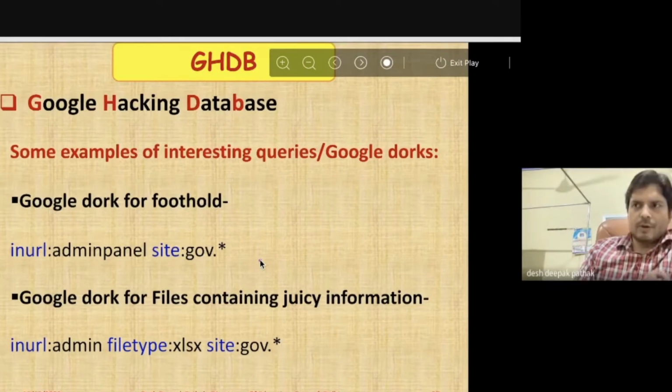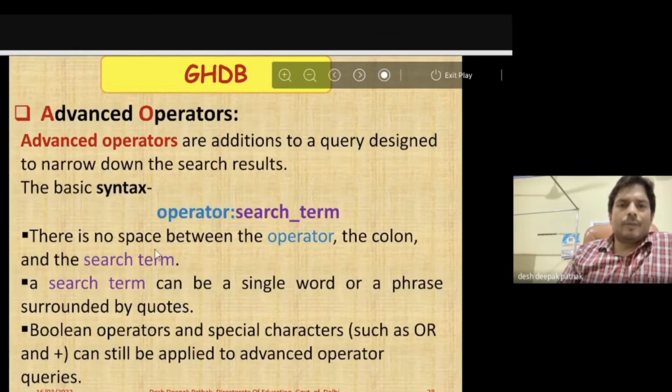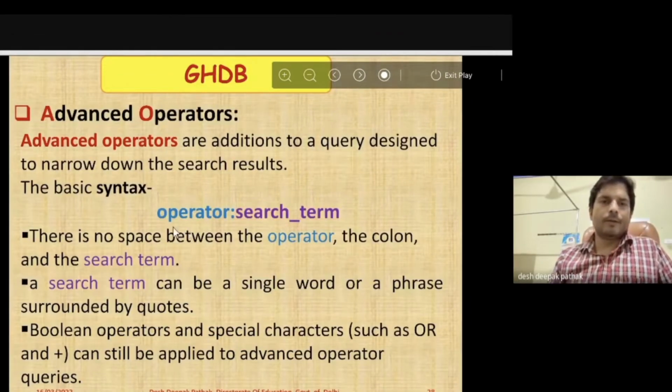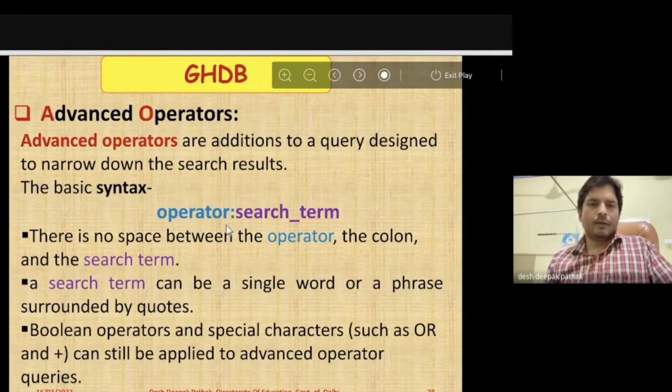You can search for directories, the server's information and error messages, other site hosting information, how many web pages are stored, and how many domains and subdomains of a particular site there are. The common syntax for an advanced operator is operator colon. Every operator starts with the operator name and a colon, then the search term.